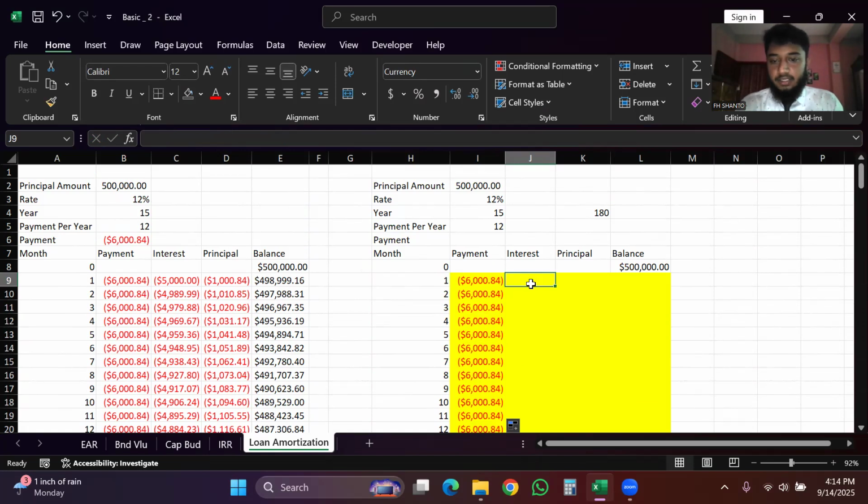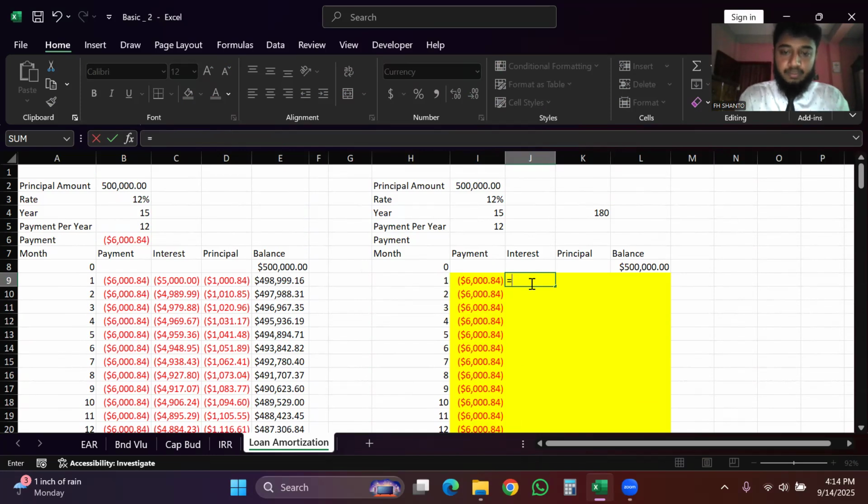Next item is interest. How will we calculate interest? We have to apply the formula IPMT. Tab button. Here is the rate. This time, we will freeze it first. Divide by the month, then comma, that is per.